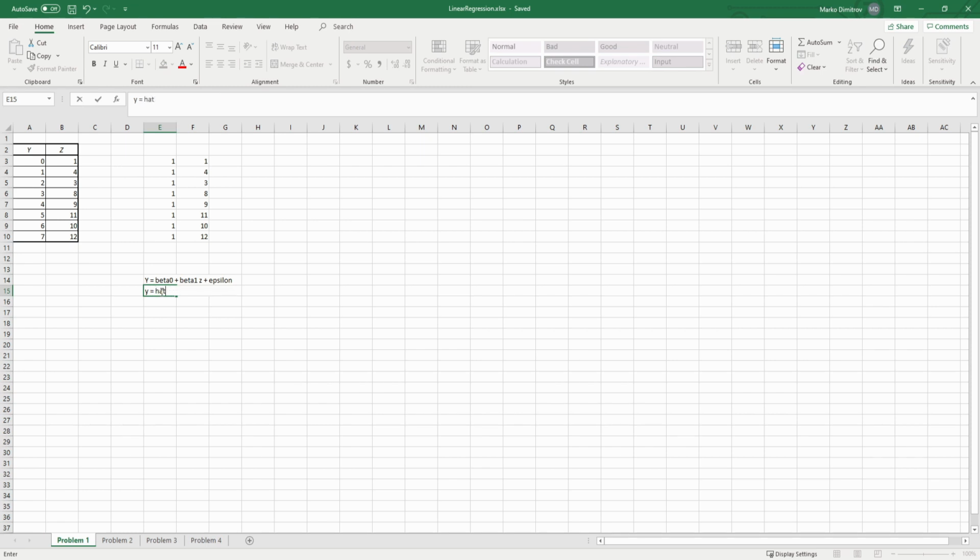Let's see how we can obtain beta 0 hat and beta 1 hat. So we will get only two values. The matrix form tells us that we need to multiply four matrices, right? So let's first multiply and find the matrix inverse of the matrix multiplication.